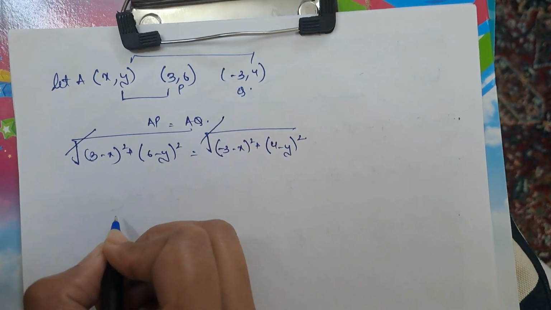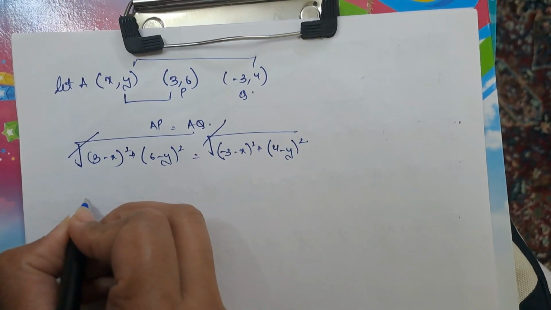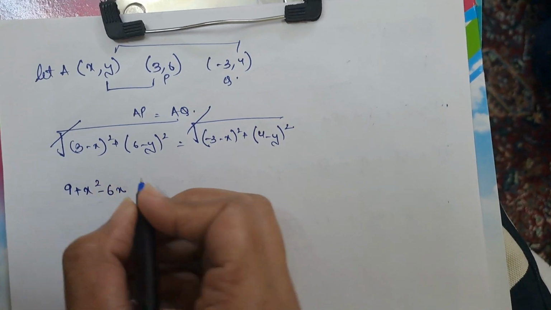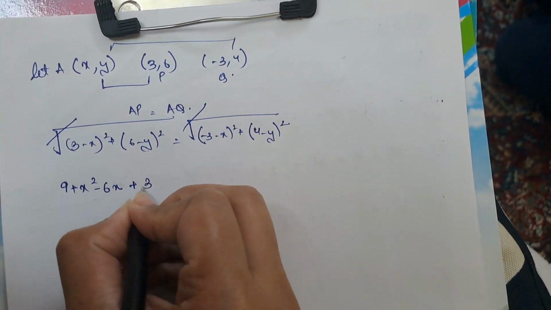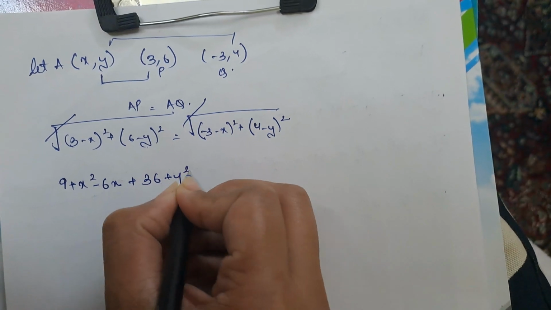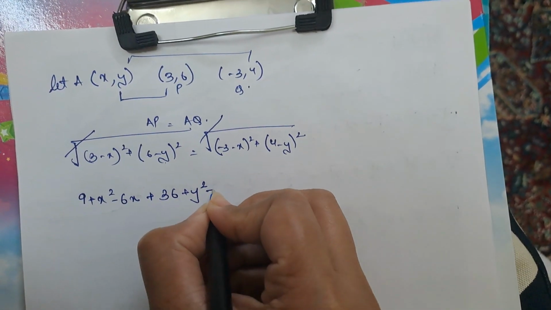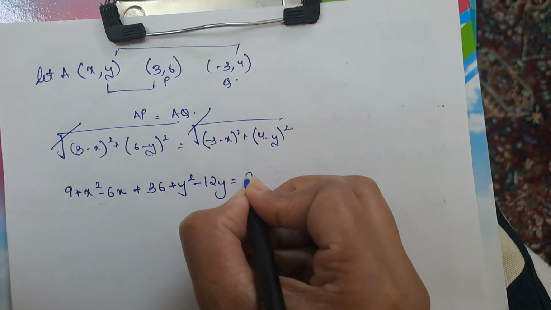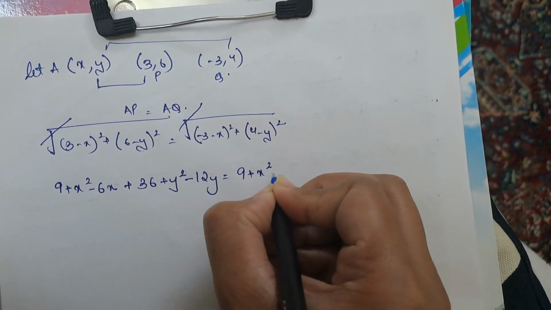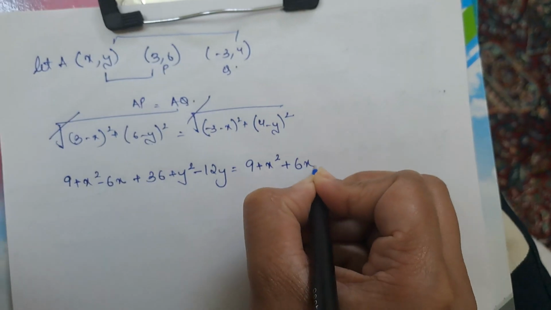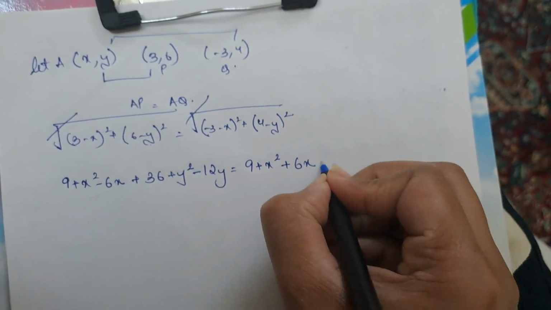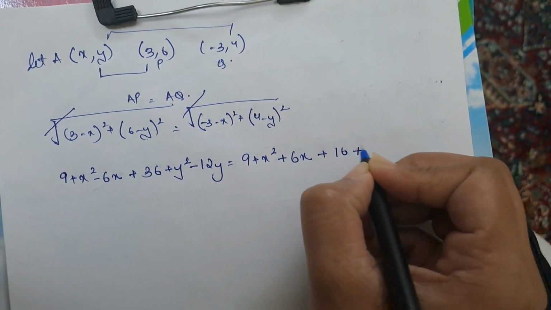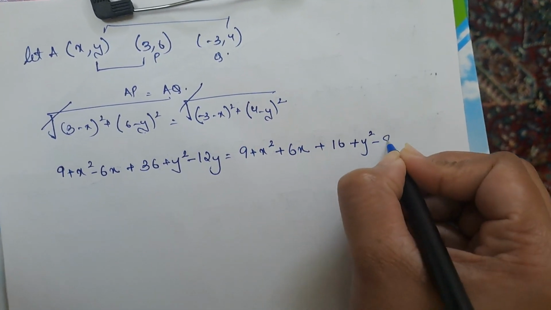Okay, the square roots get cancelled and I'm left with expanding this. That becomes 9 plus x square minus 6x, plus 36 plus y square minus 12y. Then expanding this, it becomes 9 plus x square plus 6x, plus 16 plus y square minus 8y.